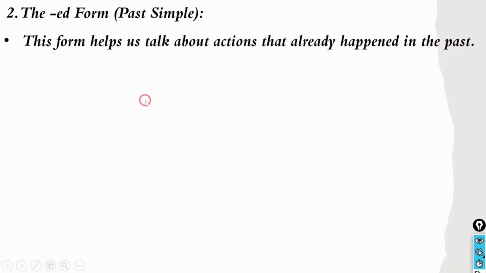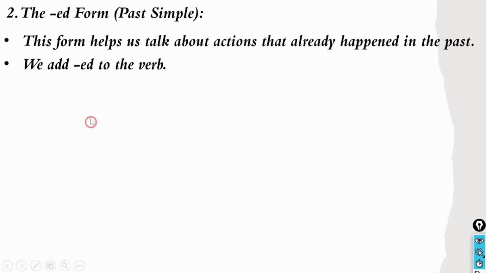Whenever we are looking at the ed form verbs, they help us to talk about actions that have already happened. As we progress, you are going to see that to come up with the ed form verb, we add ed to the verb.